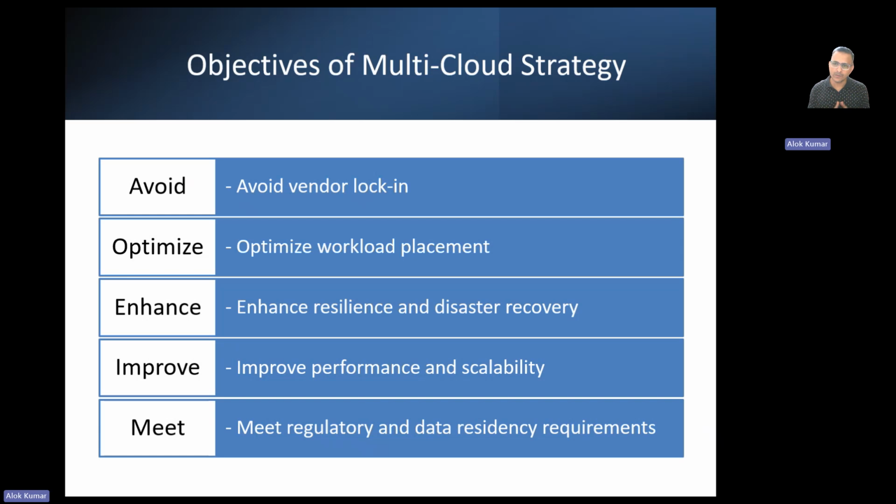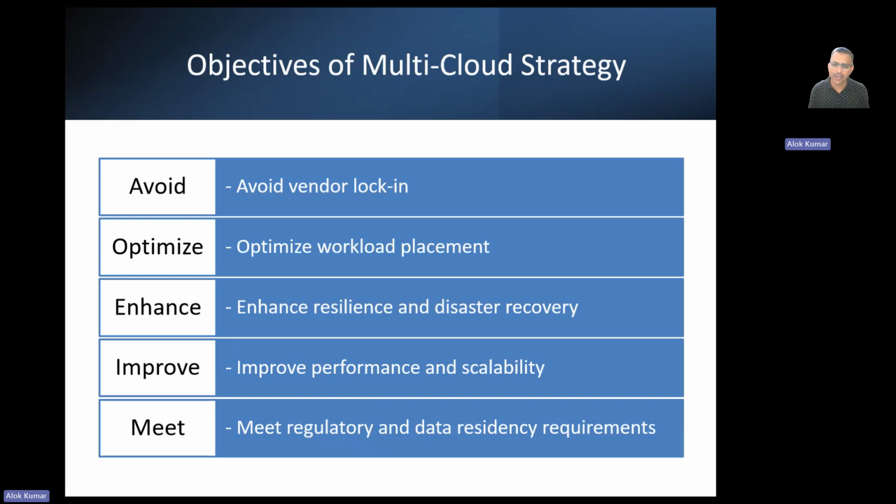When you have a multi-cloud strategy and data is moving from one cloud service provider to another, you can avoid vendor lock-in because your workload, business processes, or apps do not rely on a single service provider.